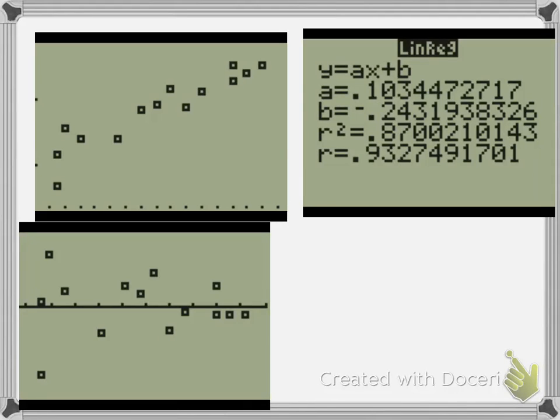Okay, so I tried a different model for the soil problem, and what I had was on the explanatory axis, so the x-axis, I had my velocity in kilometers per hour, and on my y-axis I had the logarithm of erosion.